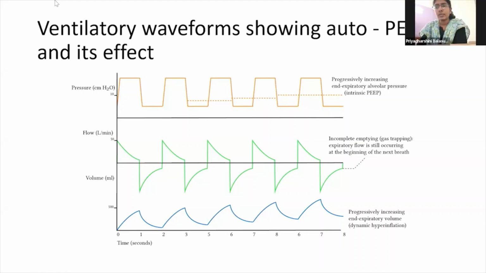Sir, when we increase the I time, we are actually decreasing the expiratory time, which will result in air trapping, sir. Therefore, the chances of lung injury, air trapping, and also air leak syndromes become very high. So you have to be a little careful. Any other questions, anybody? Any other comments by anybody else, please?